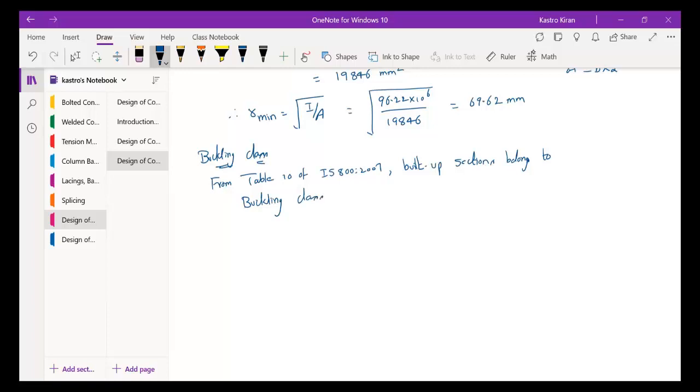We have to find out which buckling class it belongs to. We know we have 4 buckling classes: A, B, C, and D. These are the 4 buckling classes. Let's find out the built-up section belongs to which of these buckling classes.